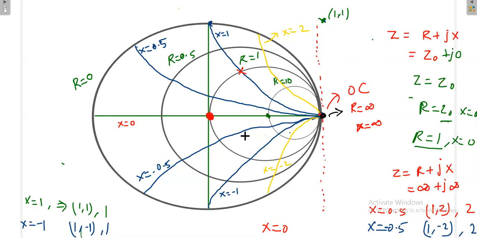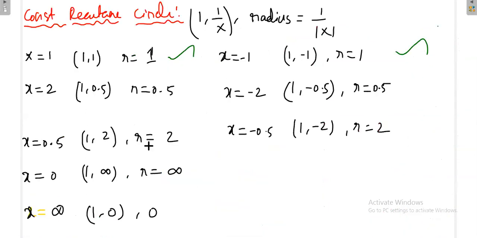Where did the center points of the constant resistance circles come? In between these values on the positive x-axis. Similarly, the center points of all the reactance circles will come on this line that I have just drawn in red.